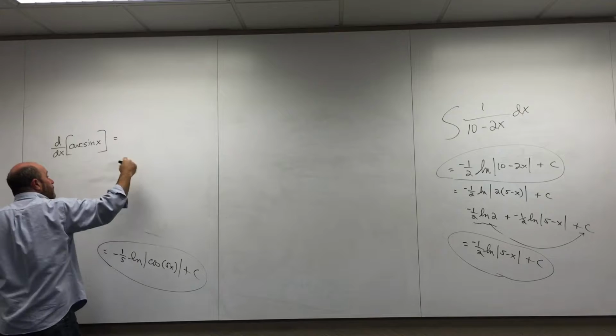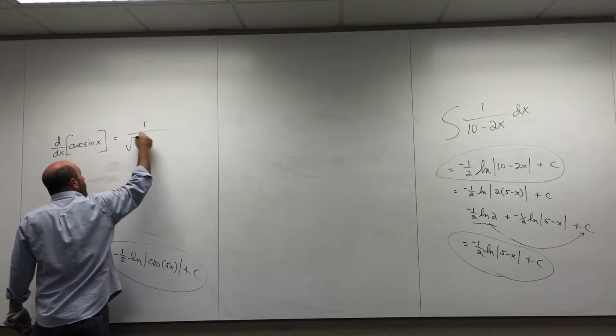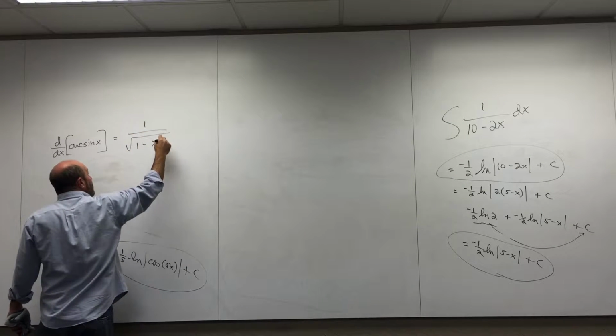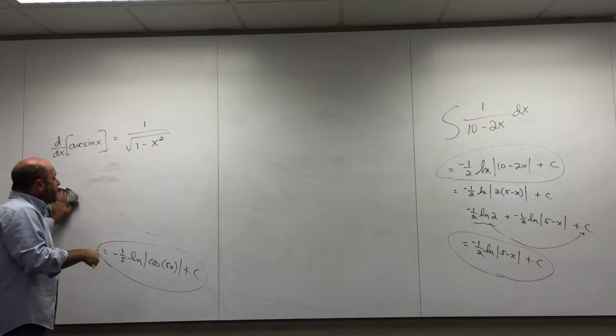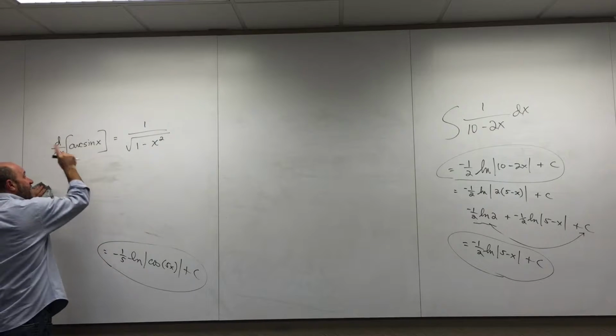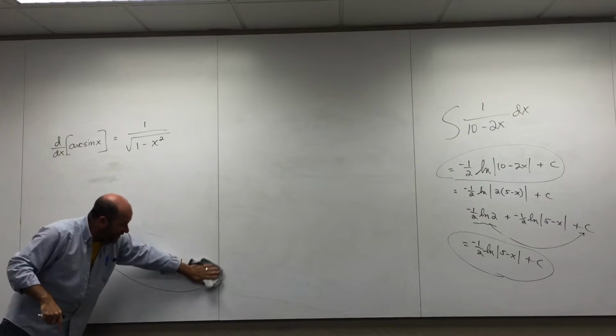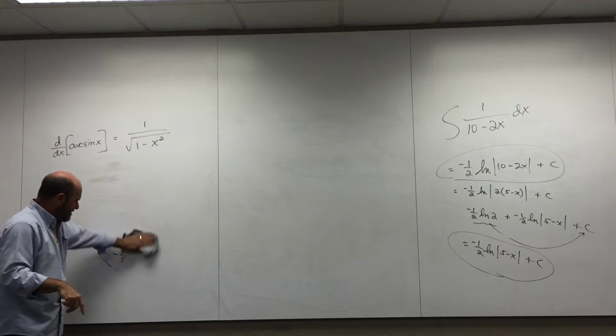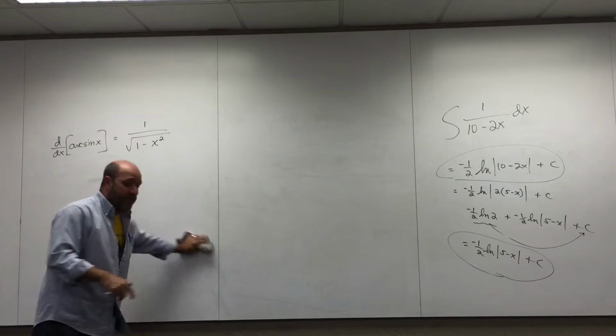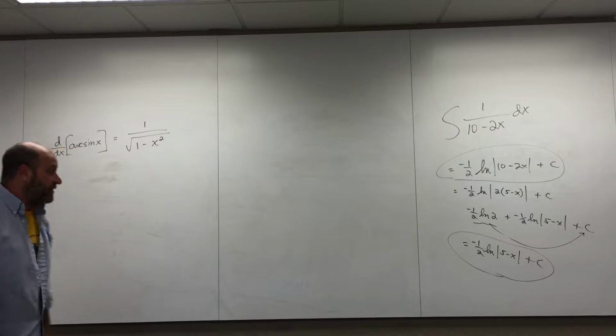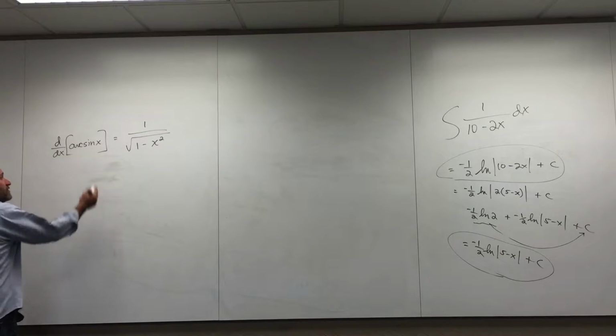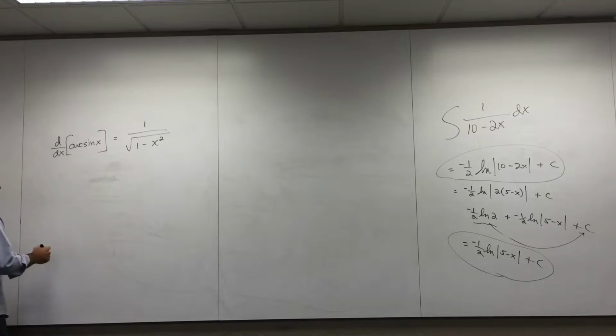It was 1 over the square root of 1 minus x squared. I think when it came test day, I gave you that formula. I told you didn't have to memorize it. So far, I've asked you to memorize most everything in this class. But for some reason, I didn't. Anyway, you might want to memorize it now.